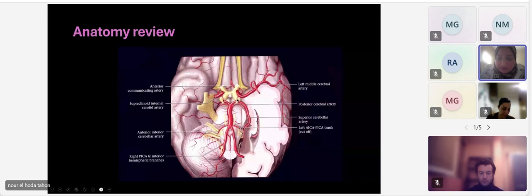And sometimes we have the posterior communicating artery here. In some patients there is a persistent fetal posterior communicating artery continuous with the posterior cerebral artery, instead of coming from the basilar, which has just diminutive flow. So this is the circle of Willis.